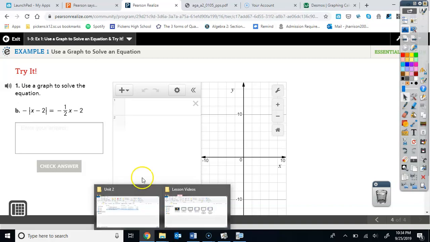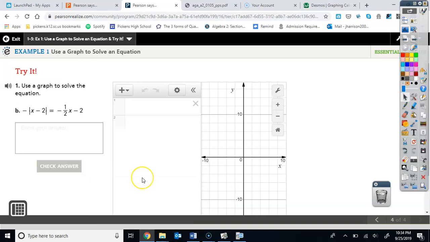So what you'll see is that this side over here is negative times the absolute value. This side over here is negative 1/2 x minus 2. You take each one and you set them equal to y. So you're going to type in y equals a negative absolute value.